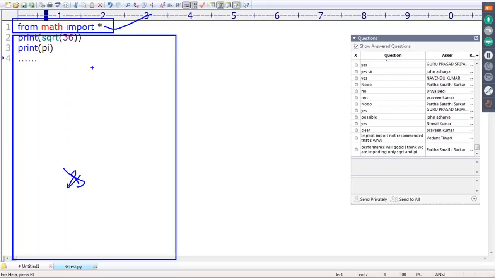So we have to analyze the program and identify which members we are using. So readability by default is going to go down. Remember that. That's why, in general, in programming languages, implicit import is not recommended. Is it clear?